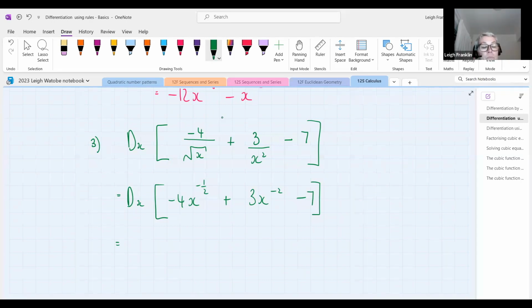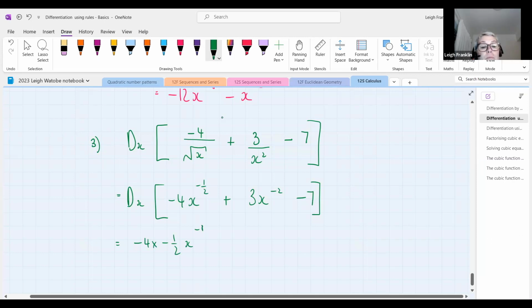Then we'll have negative 4 times negative half. What's going to happen to your notation now? Ma'am, we are going to look for the derivative. So you're going to drop your dx and you're going to drop your square brackets, because you're taking your derivative. Then we're going to have negative 4 times negative half x to the exponent negative half minus 1.